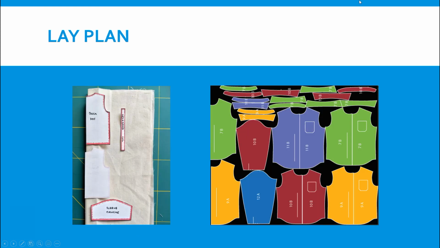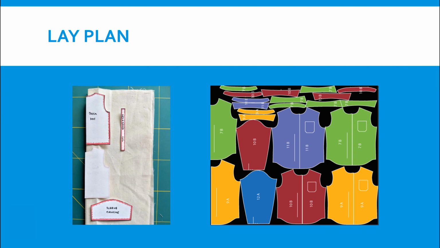And in this video, I'm going to show you a lay plan with folded fabric and lay plan with unfolded fabric. If you create lay plan with folded fabric, creating paired fabric pieces is relatively easy, but this method most likely consumes more material because the area for positioning patterns is limited.